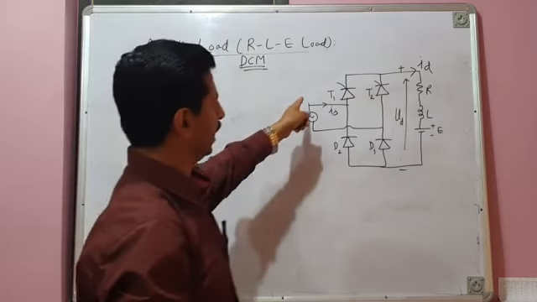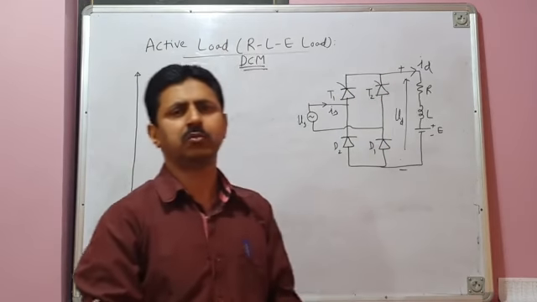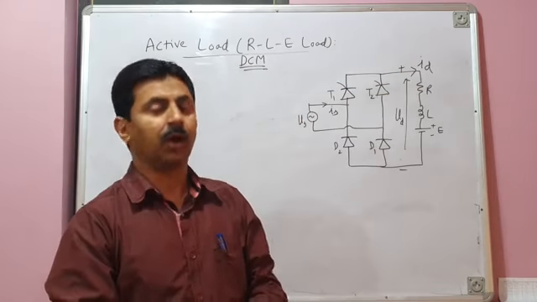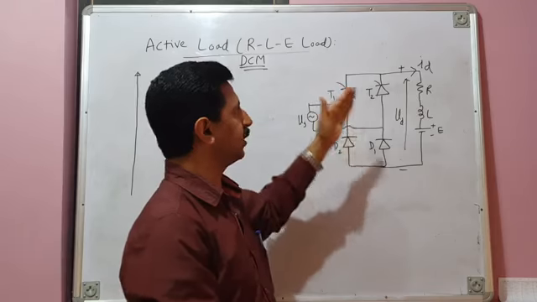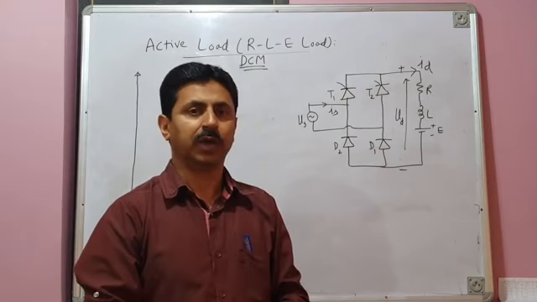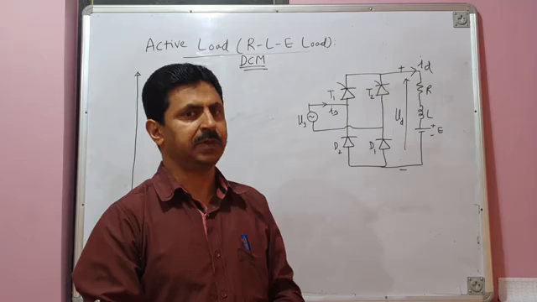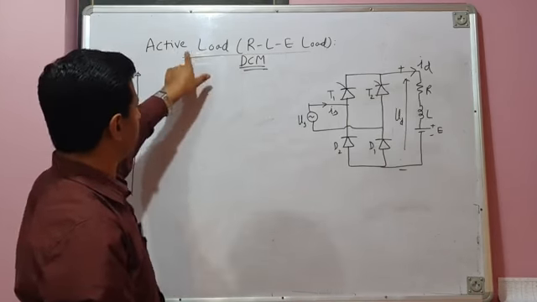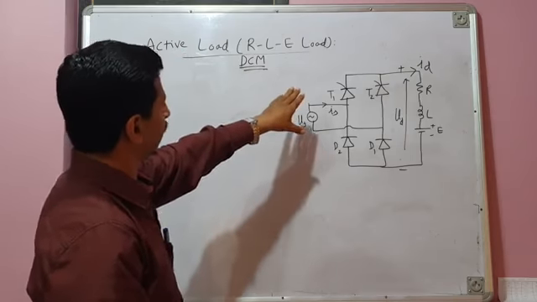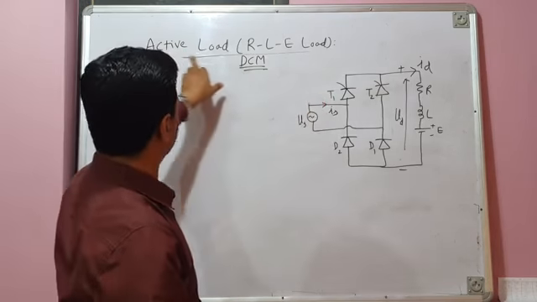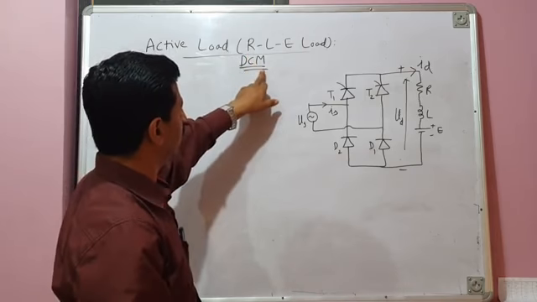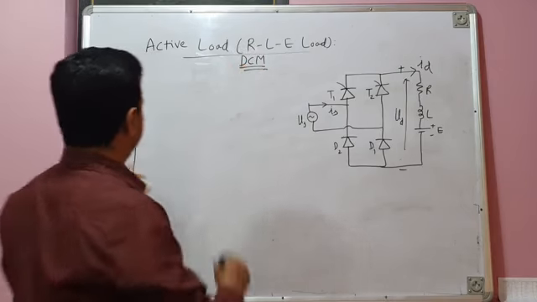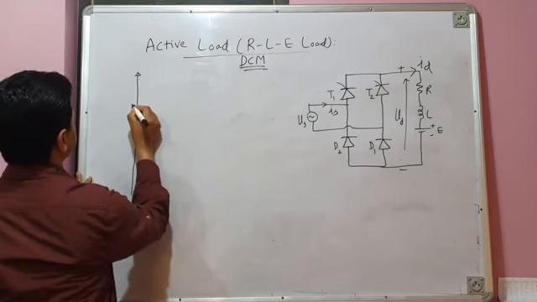See, your converter can operate in continuous conduction mode, in which the load current is continuous, or the converter can operate in discontinuous conduction mode of operation, where load current will not be continuous, it will be discontinuous. So first of all, we will discuss the operation of a single phase semi-converter for active load or RLE load, assuming discontinuous conduction mode of operation, DCM. And let us draw various waveforms.